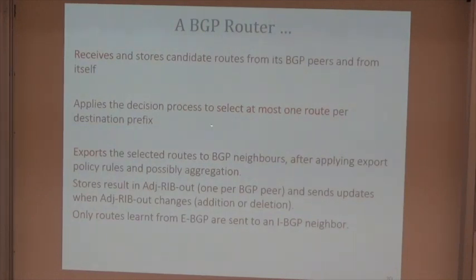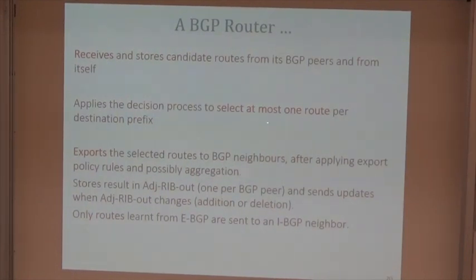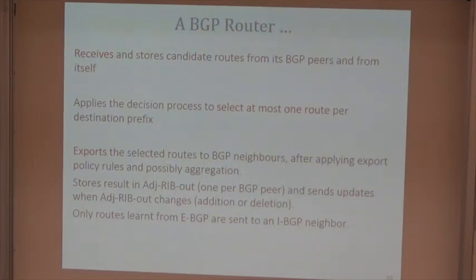It applies the decision process to select the best route, or none, if the policy forbids it. And then it exports the best route to its neighbors. Right? So the key thing is going from this to this. So it receives a number of routes, and it selects at most one route, which we have seen already in the previous example. It can have multiple routes. It will choose at most one.